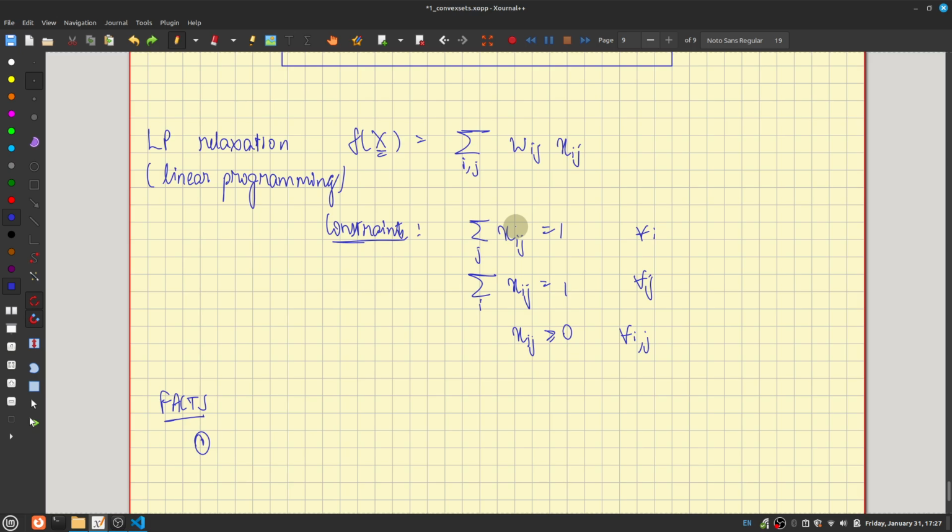For a given i. It is convex, yes, but it's a special set. What form does it have? Convex hull of what? Again, it's just the set of all x such that, let's say, summation over all j of x_1j is equal to 1.